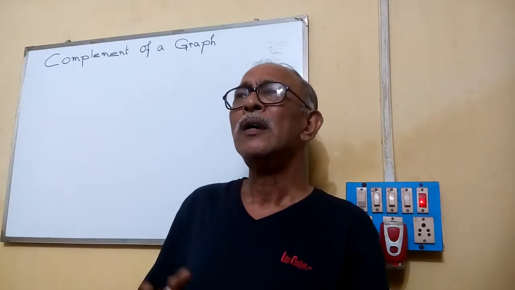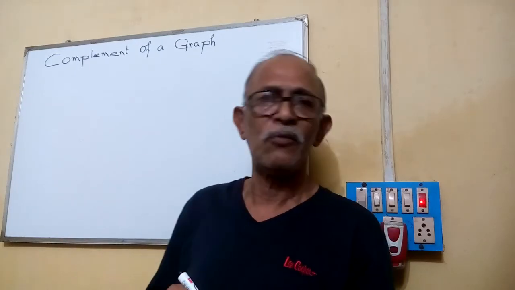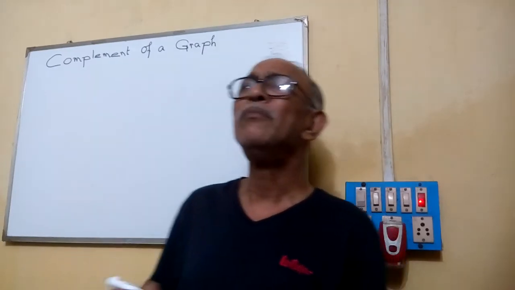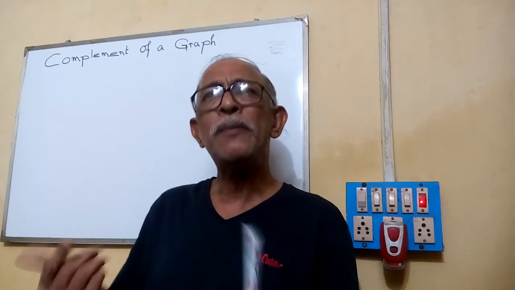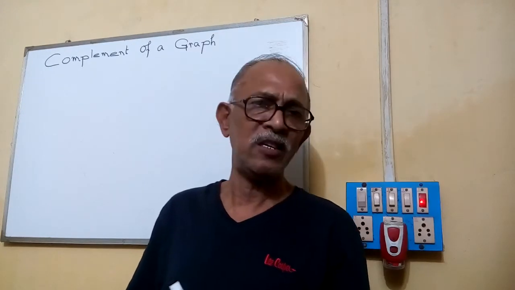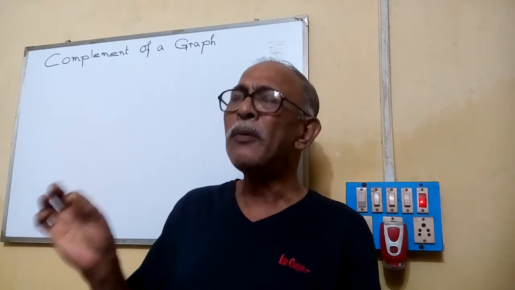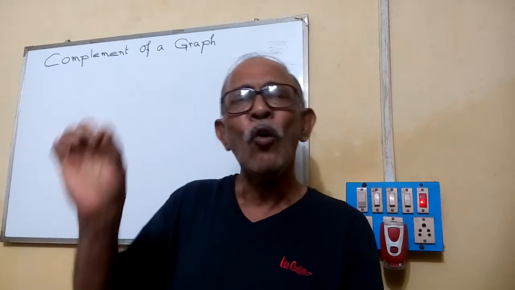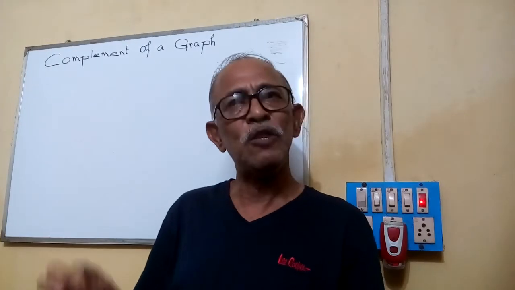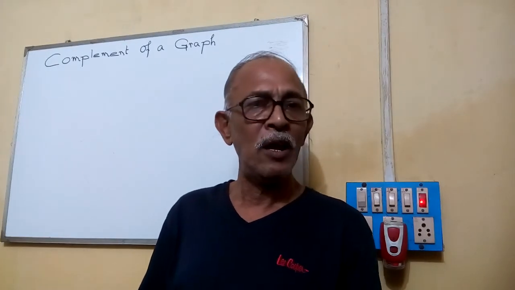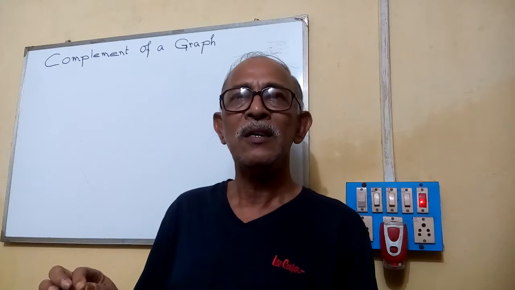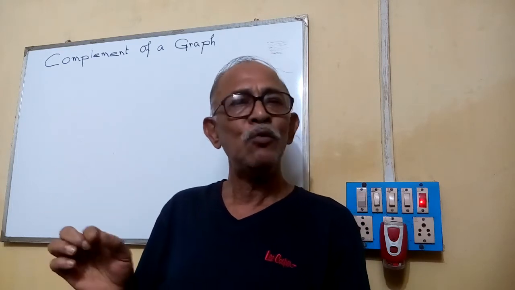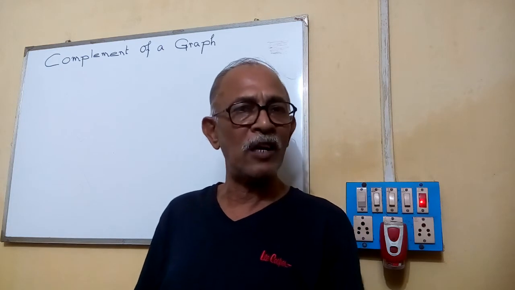Let there be an original graph, that is the graph G. Let it have P vertices, Q edges. So complement of G means it should have all those vertices which belong to the original graph, but none of those edges which are there in the original graph.